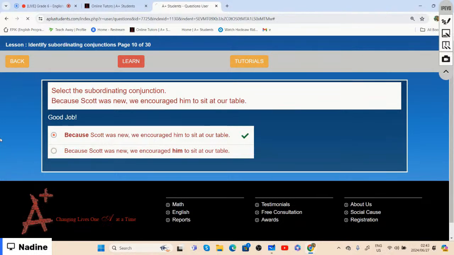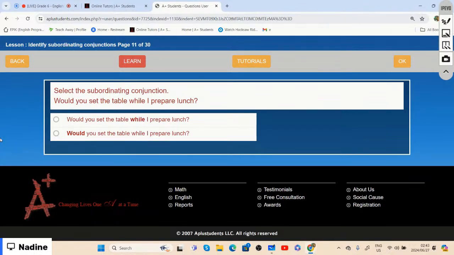All right, let's do one more. It says, would you set the table while I prepare lunch? So is it while in option one or is it would in option two?